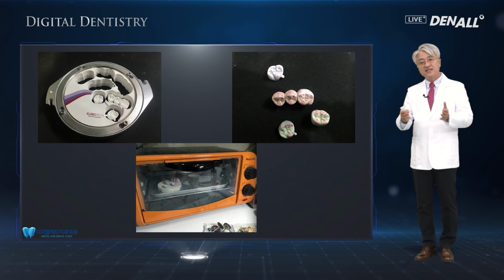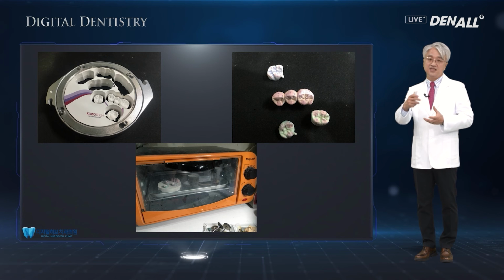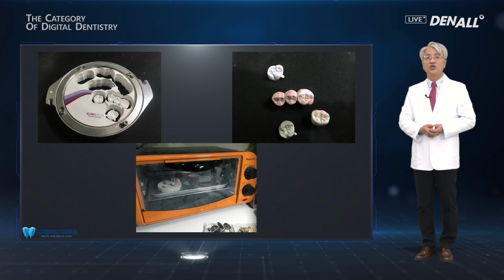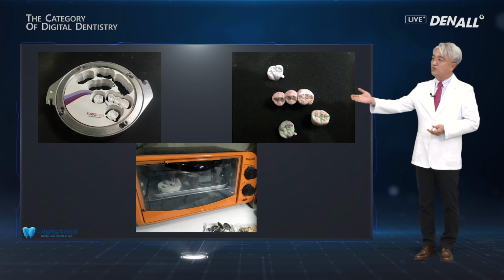And how zirconia is made, let's explain with the color blocks. Like this, using CAD/CAM, a zirconia teeth bridge was made, colored and then sintered, and the final prosthesis will be made. Now on the left top, you have the zirconia block.